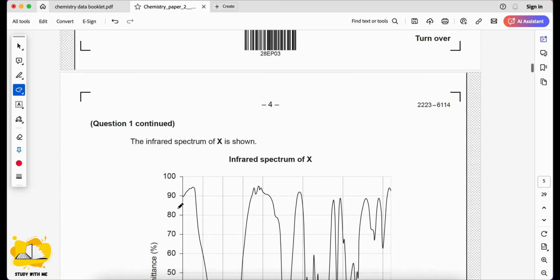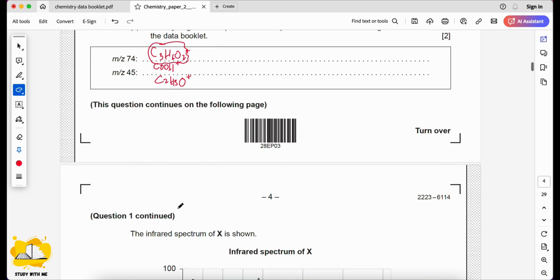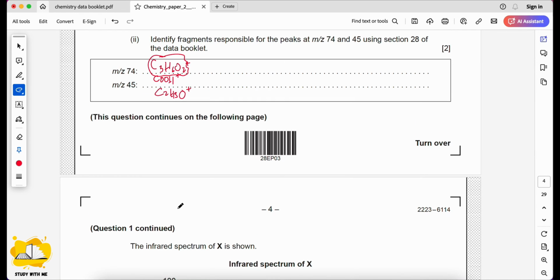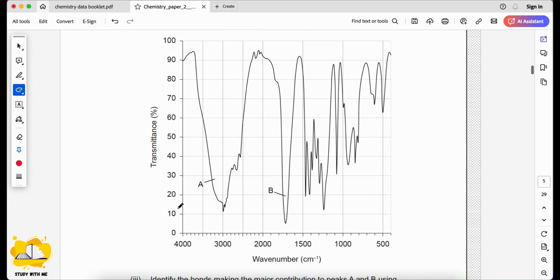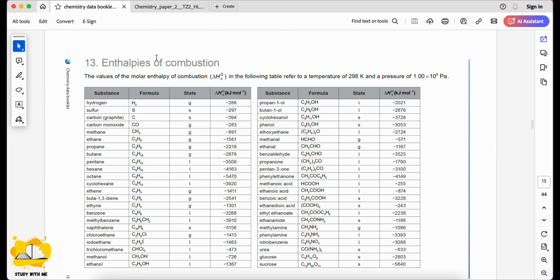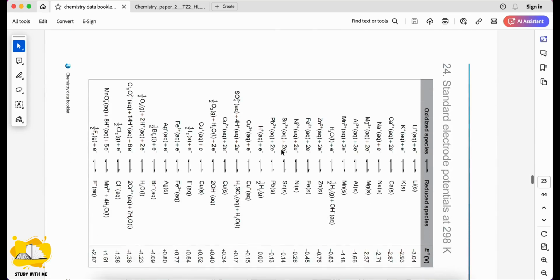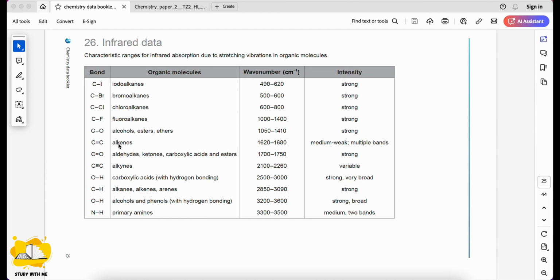Okay, so this is related to the next question. C3H6O2 or COOH, so there's COOH right there. Therefore, there is a functional group right here. So it's 3000. If you look at the data booklet, section 26, as you can see here, for OH it is between 2500 to 3000.